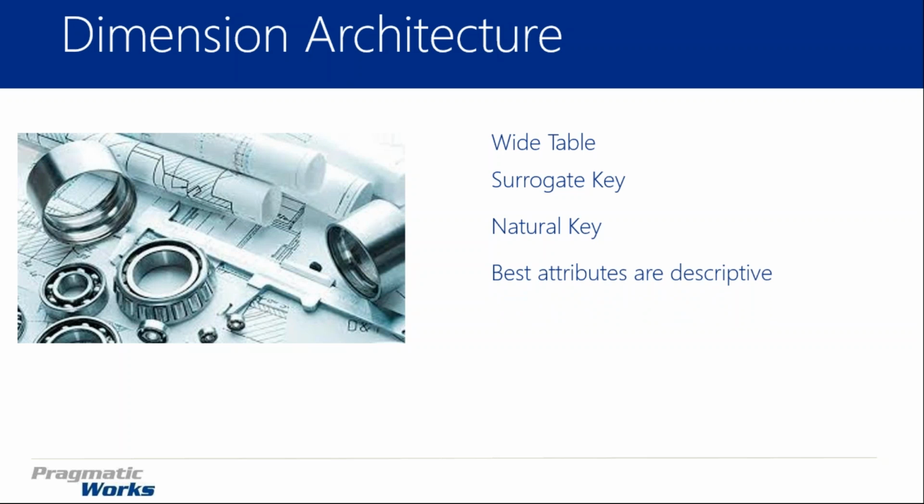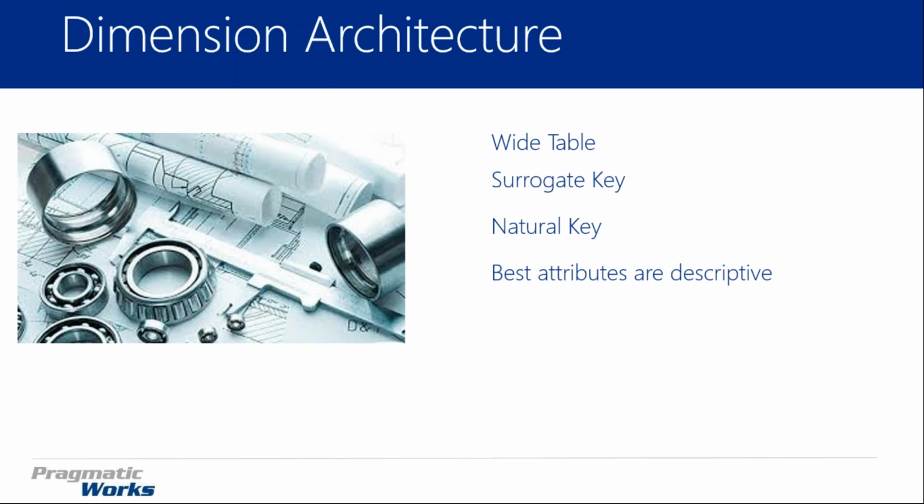When you're building out your dimension architecture, one thing I want to point out here is that the best attributes are going to be descriptive. What I mean by that is you shouldn't have a lot of codes and cryptic abbreviations that you're storing in your dimension tables. When you put those codes and abbreviations in your tables, your end users don't know what they mean, and now they're having to go back to other tables and try to decipher those different codes, or you walk by their desk and they've got a bunch of sticky notes all over their computer.